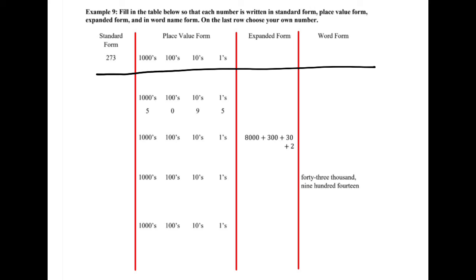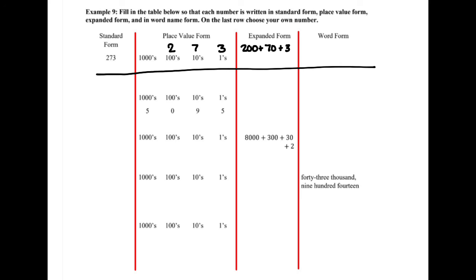Okay, so 273. We have 2 hundreds, 7 tens, and 3 ones. Expanded form, 200 plus 70 plus 3.